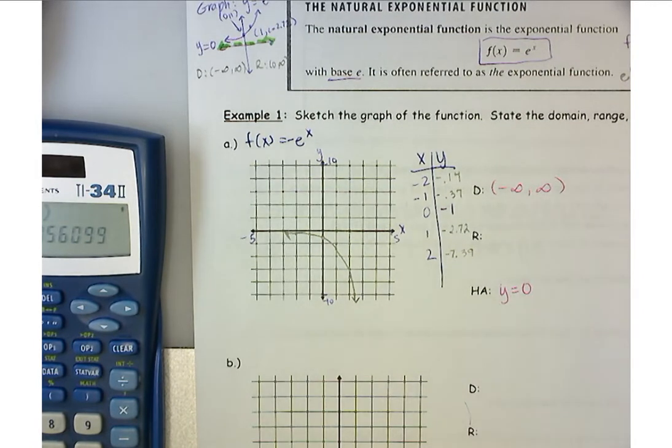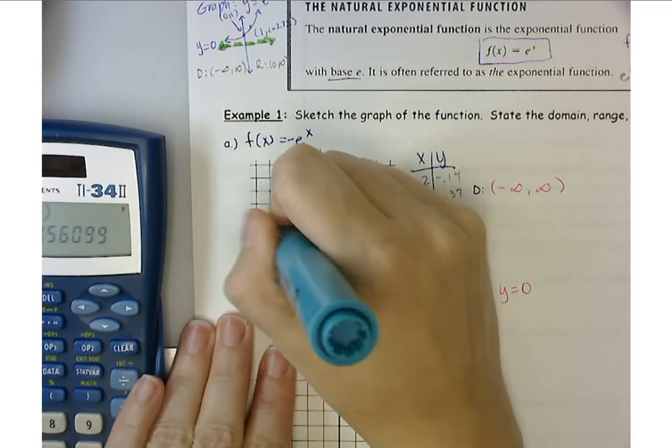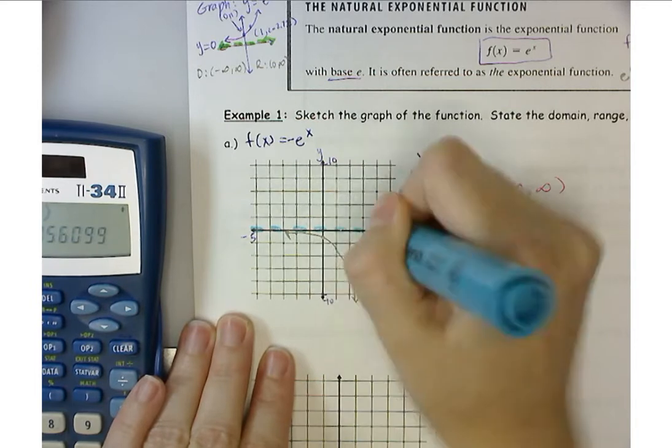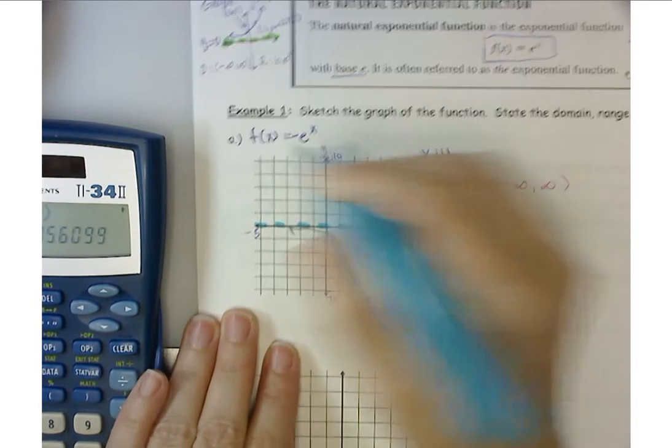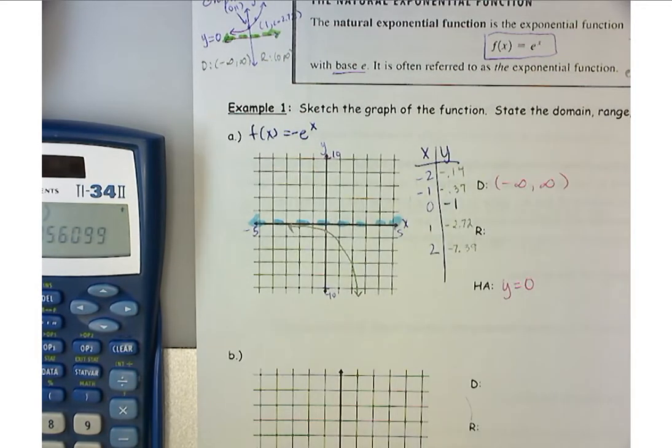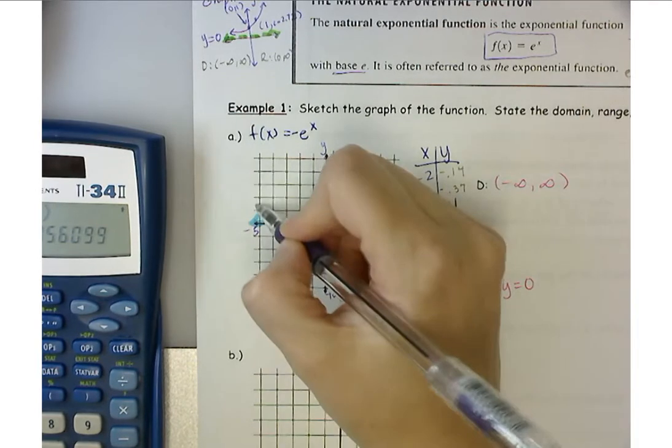Okay, when you're picking out what your range is going to be, remember that your range starts at the lowest point. I'm going to put in my horizontal asymptote as well. Okay, so think about your lowest value of the graph. Anna, what's the lowest value that this graph is going to reach? Negative infinity. Good.